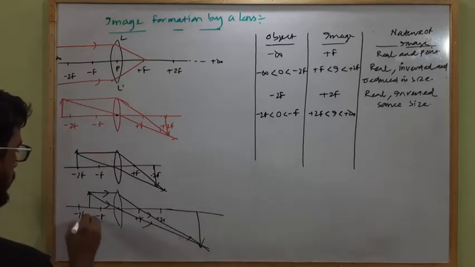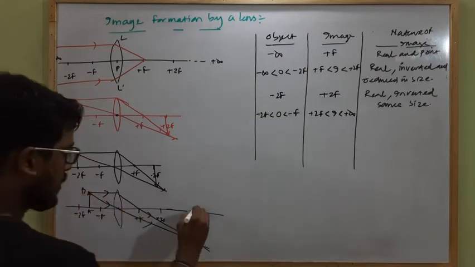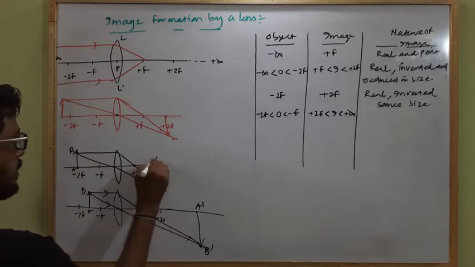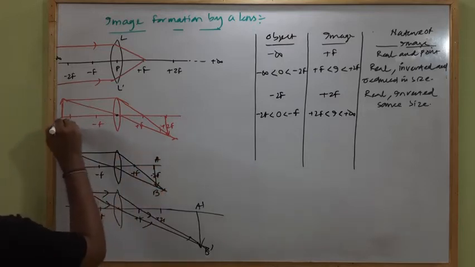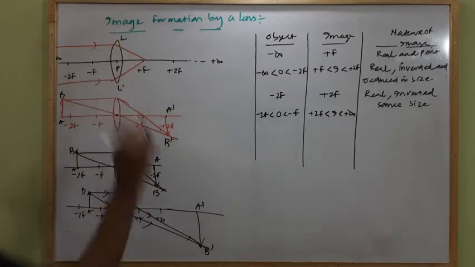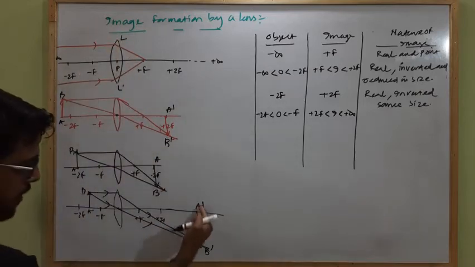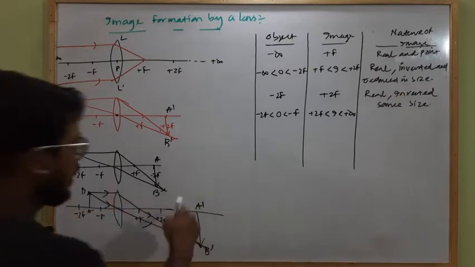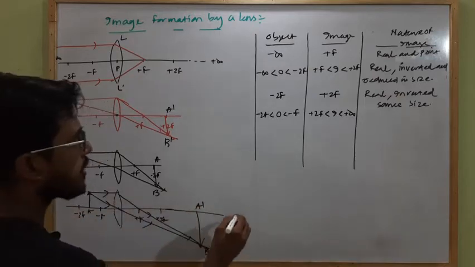Okay, so if this is AB, this is A dash B dash, here it is AB, here it is A dash B dash, and it is at infinite. So here the size of image is larger in comparison to the size of object, which is inverted and real, and it lies between plus 2f and plus infinite.